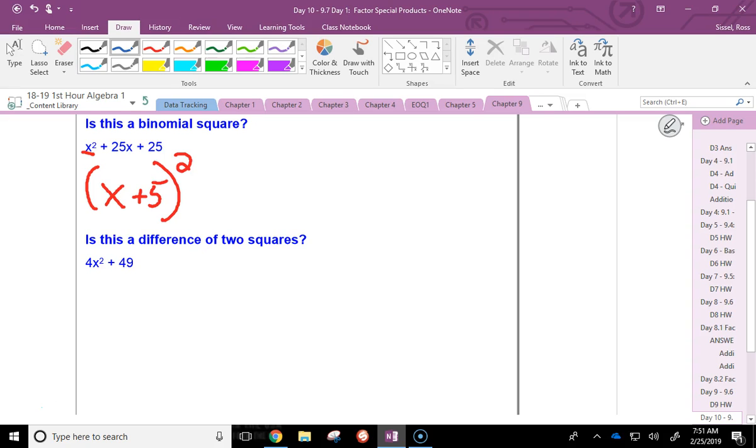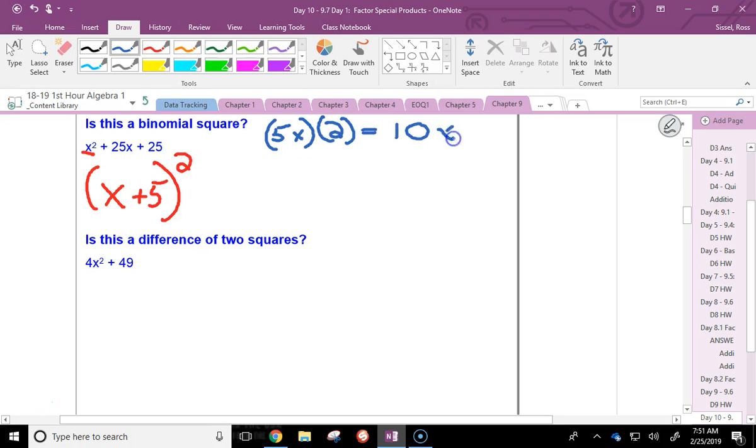This is the part that gets confusing because we're looking at it like, yeah, that's a square. But if you work it out, first step, square, x squared, 5 squared. Okay, that works. But 5 times x gives me 5x. And remember, we have to take that times 2. And like you guys just said, that would give me 10x. Well, we were trying to get 25. So our answer is no.